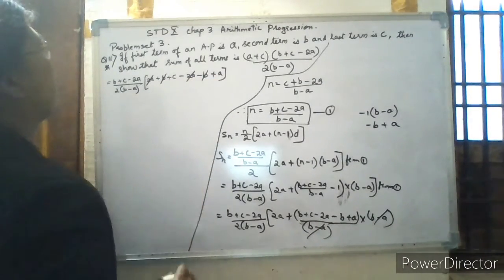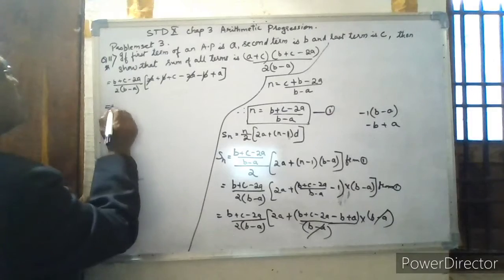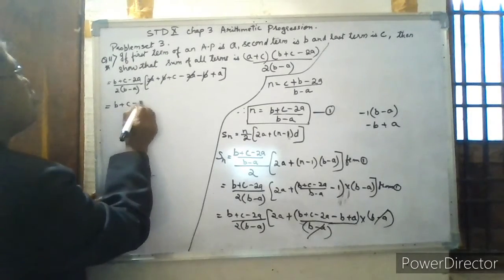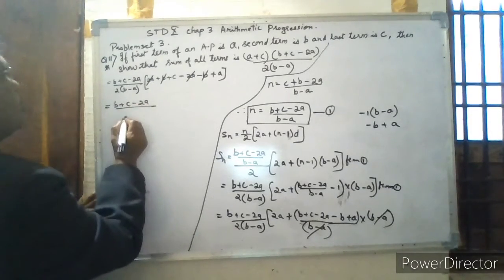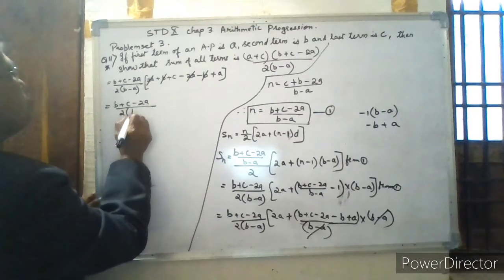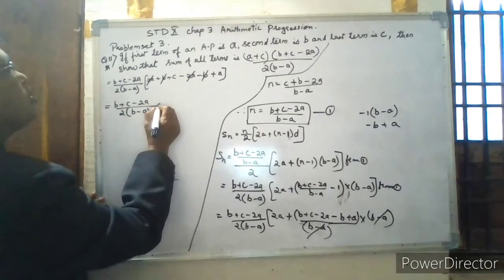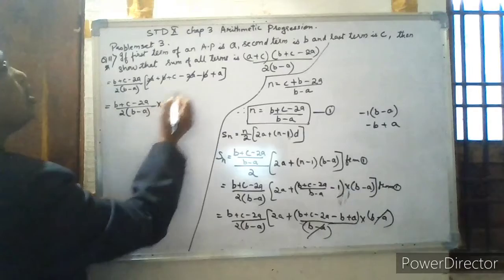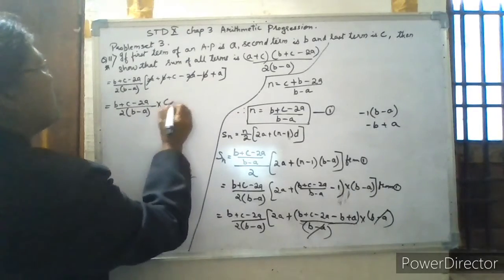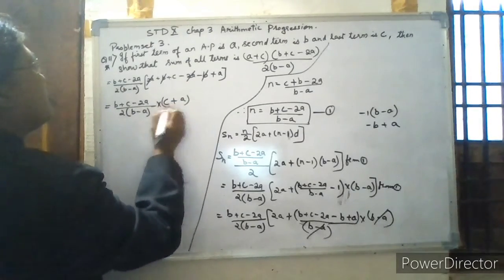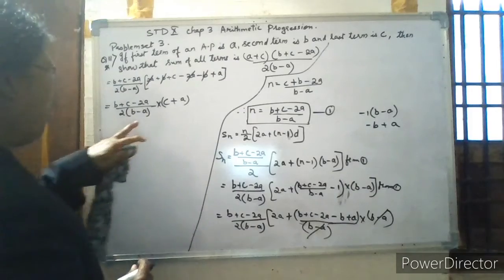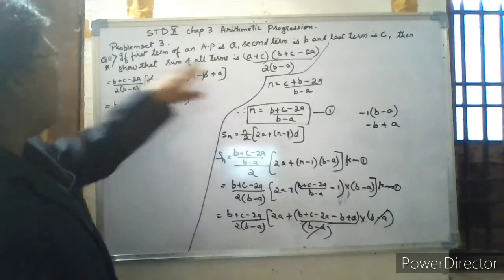So we are left with b plus c minus 2a upon 2 into b minus a, into what is left here: c plus a. This is what we have to show.